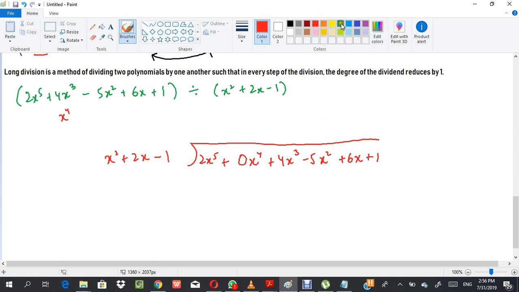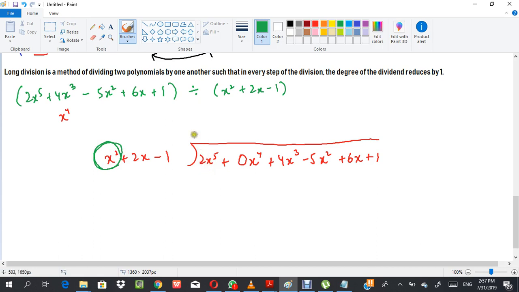So now, let's start with the division. I told you that when we are carrying out the division using long division, the first thing that will happen is that the division is going to reduce the degree of the dividend by 1 at every step, and this will be done using the highest power of the divisor. So firstly, we have to get rid of this 2x to the power of 5.